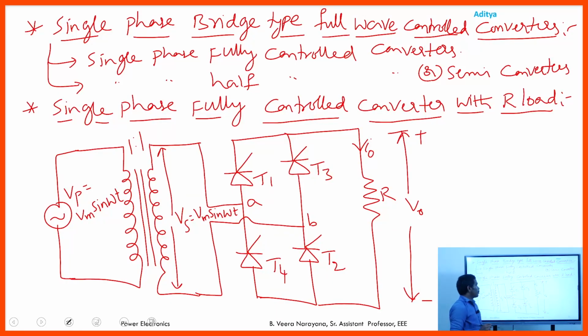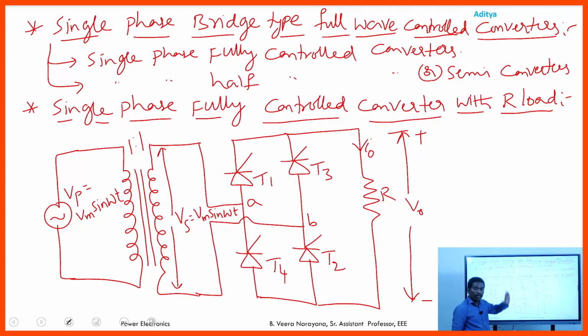Coming to the single phase fully controlled converter with R load, this is the circuit diagram representation. It consists of one isolation transformer, 4 ideal SCRs numbered T1, T2, T3, T4 and a resistive load.